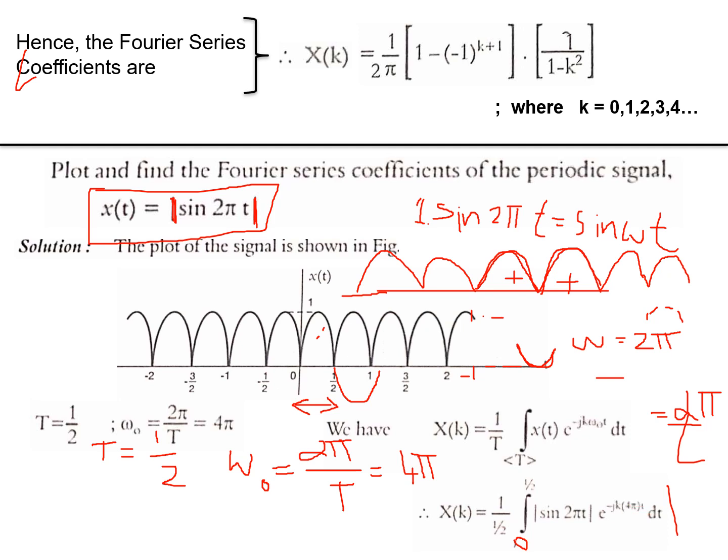In the place of omega naught I am writing 4 pi, because omega naught is 4 pi. I am ignoring the modulus, because in this cycle, 0 to half, it is a normal sine wave.